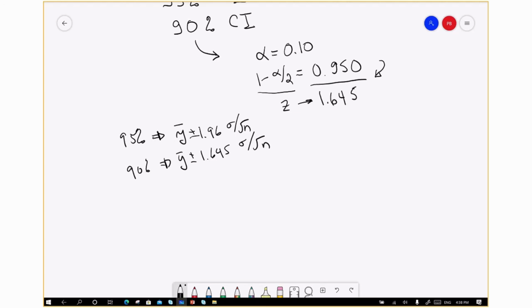And you can expand this to a confidence interval of 1 minus alpha. In the case where alpha is 0.05, you'd have a 95%. Where alpha is 0.1, you'd have a 90%. Then the formula is y bar plus or minus the z that's associated with alpha over 2 times sigma over the square root of n. So we'll stop there.